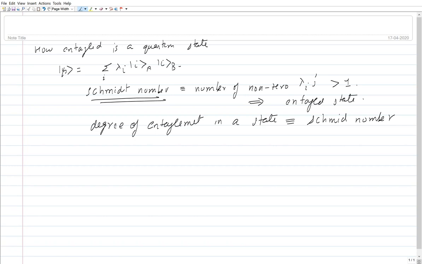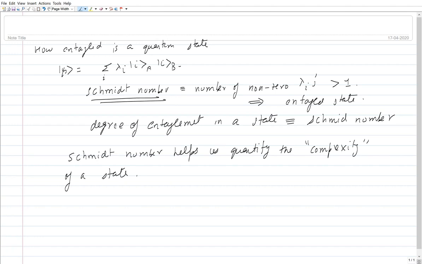And intuitively, it actually makes sense because the Schmidt number helps us quantify the complexity of a state.